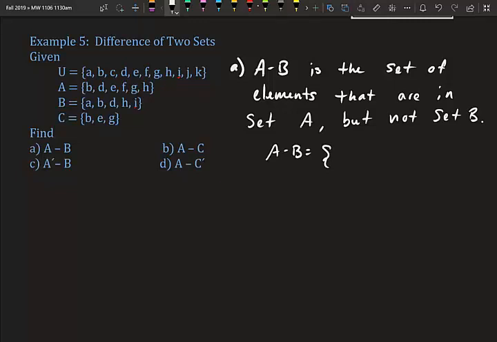So A and B, they have B in common, they have D in common, and they have H in common. So you see what's left over? E, F, G. That's the set. E, F, G.